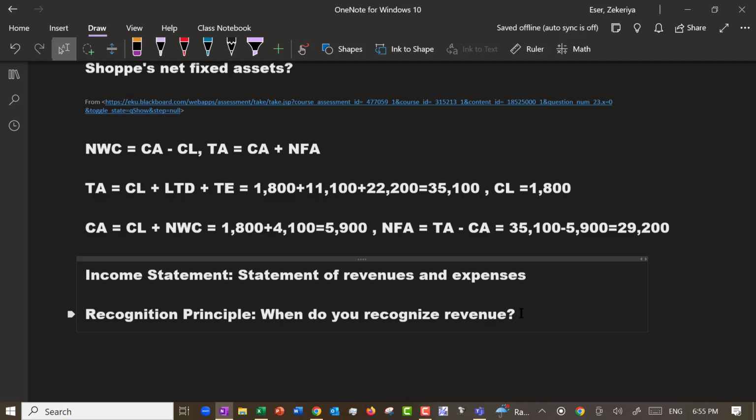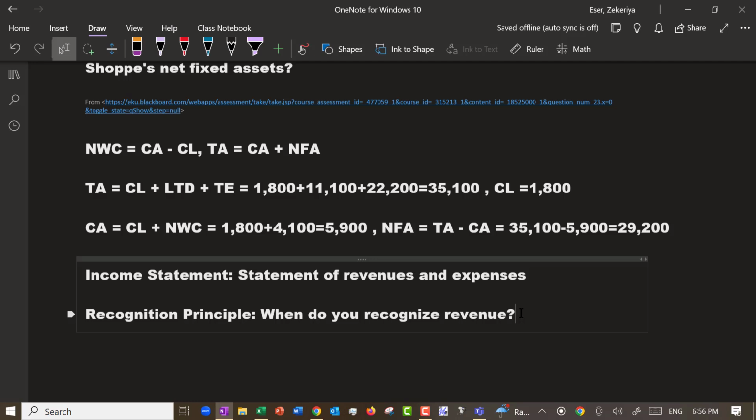I recognize. I sold you a computer and you said you're going to pay me $120 in 2 months. As long as I have confidence that you're going to pay me that money, the sale is made and revenue is recognized. I haven't gotten the cash yet, but I'm rather confident that I will.